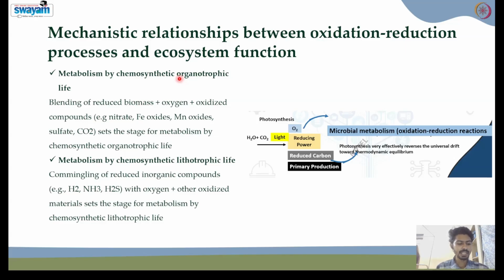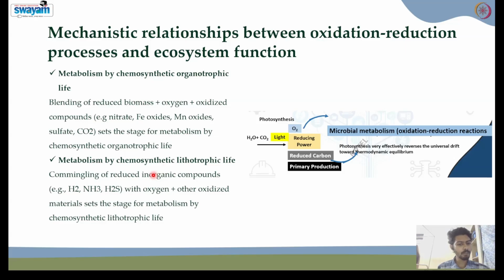The microbes take the organic material, they mix with the oxygen and the oxidizable compounds and it sets the stage for metabolism. And what happens? It fuels their metabolism and keeps the ecosystem viable. And here the important point to note is that the organic compound acts as both carbon and energy source.